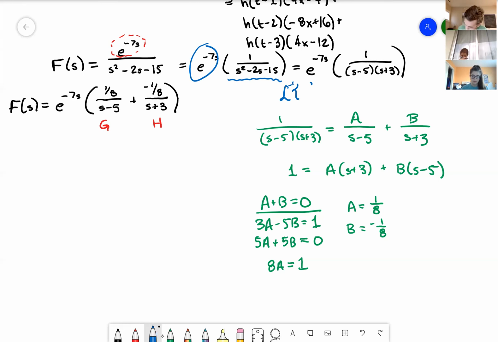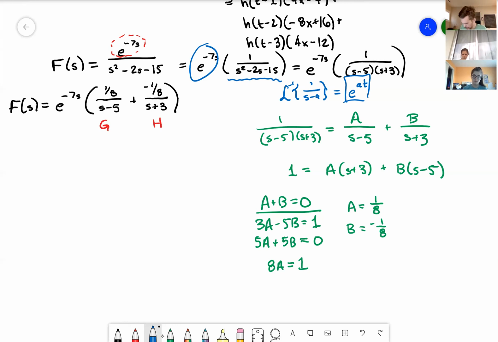The inverse Laplace transform of 1 over s minus a is just e to the a t. So now it's not the input to the Laplace transform that's shifted, it's the output. But the shifting works in the other direction as well. It turns into this factor of e to the at. In this case, it's a positive a instead of a negative. So the shift results in a positive a.